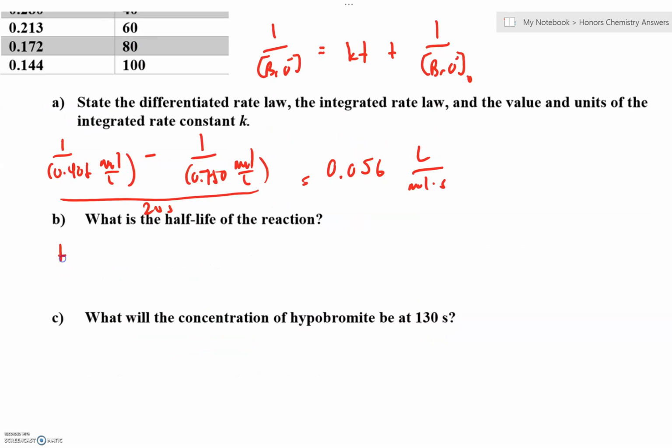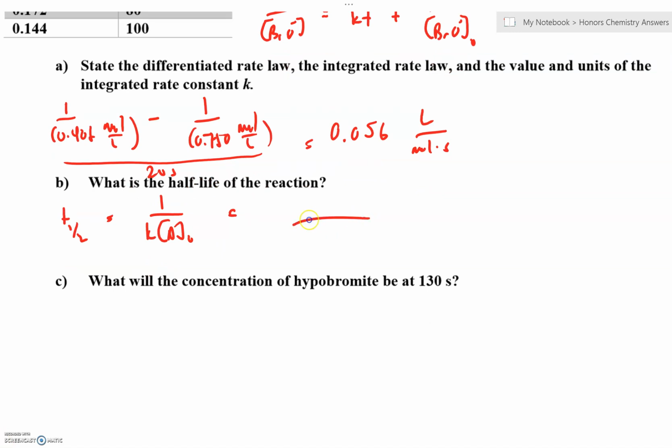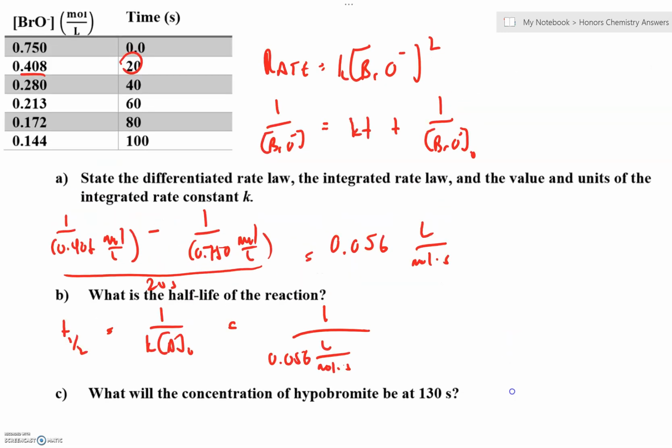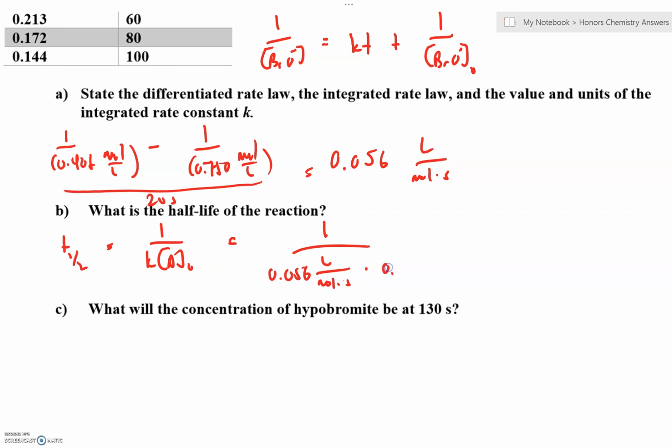What's the half-life? Half-life of a second order reaction looks like this. And I have a hard time keeping these straight, so it's a good idea to keep your units in check. So we'll say 1 over K, 0.056 liters over moles seconds, and our concentration at time 0, which was 0.750 moles per liter, and that's going to leave our answer in seconds, which is what we want.